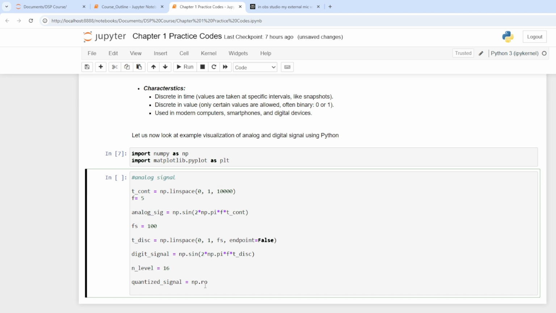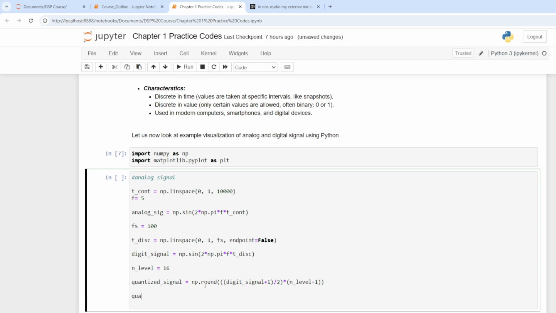So we will take 16 signal levels of this digital signal, and then we first represent it between 0 and 1, between these levels, 0 to whatever the levels are, normalize the signal, and then we basically get this signal back to the -1 to 1 level.